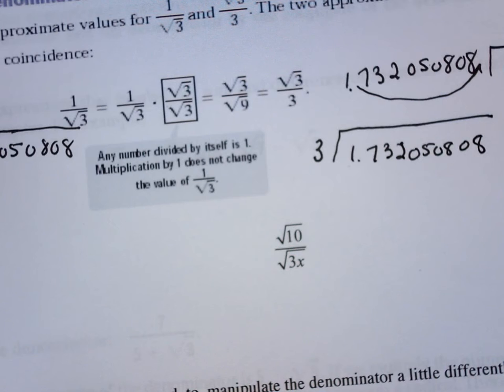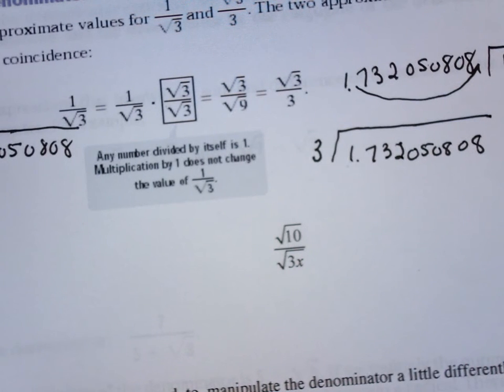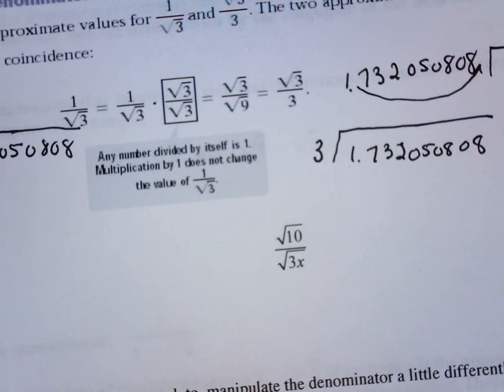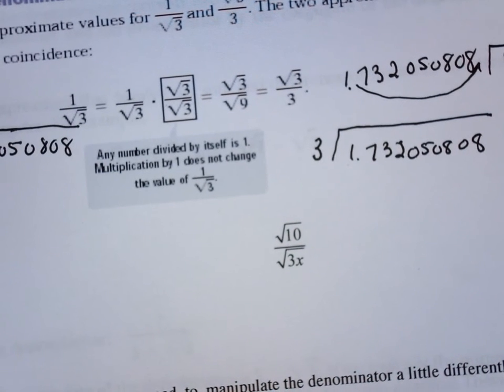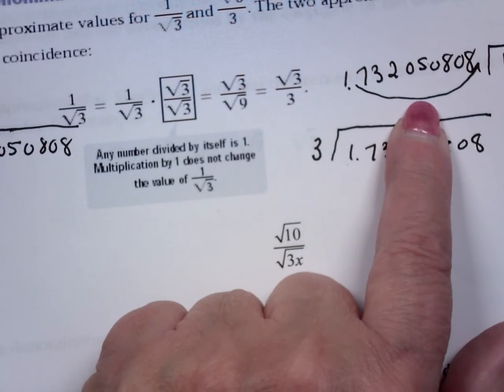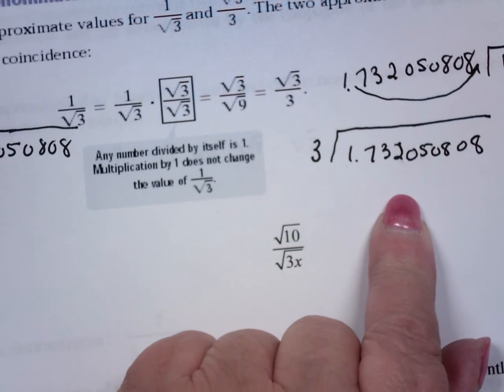That's reasonable, because you're dividing by a whole number. That's what rationalizing the denominator does. It basically makes the denominator a whole number. Easy peasy, right? Now, if you didn't have a calculator, that was what you would want to do. So you wouldn't have to do this division, but you do that one instead.